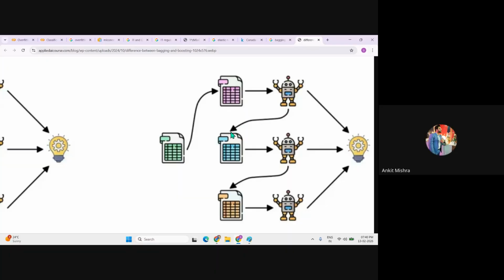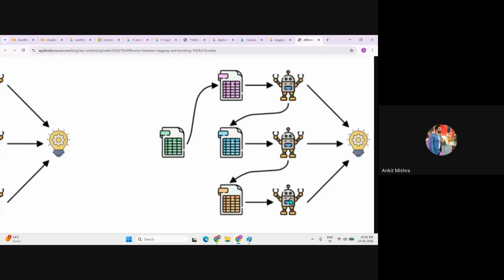So there is some misclassification or miscalculation, that is called error. Whatever error or wrong classification we get, we again boost the same model with the data set due to which we are getting the errors, and in the next step we again boost the model, and that weak learner is converted into the strong learner.